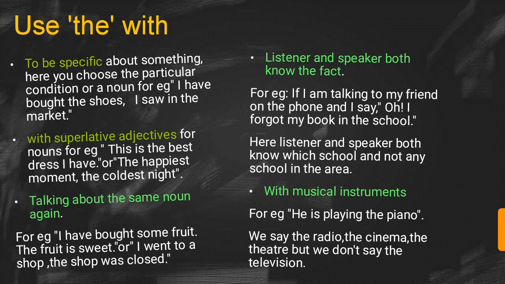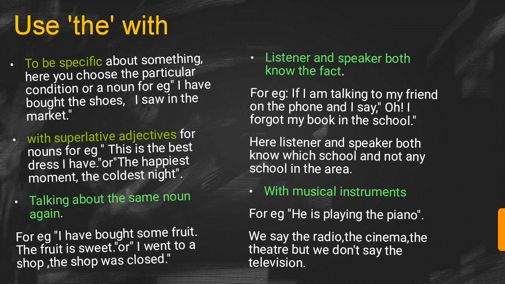When we say we do not use an article with an uncountable noun, then why are we using it the second time? Now, this is very important to understand because it's a grammar rule that the first time when I say some fruit, it is uncountable. But the second time when I say the fruit, I have to use the article the here.